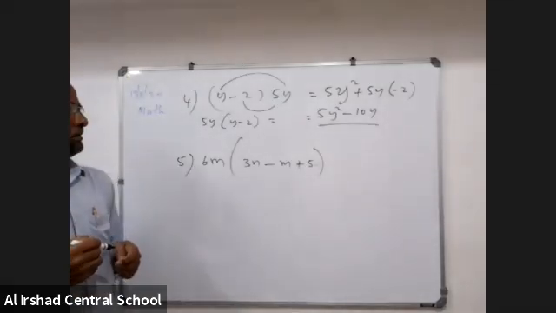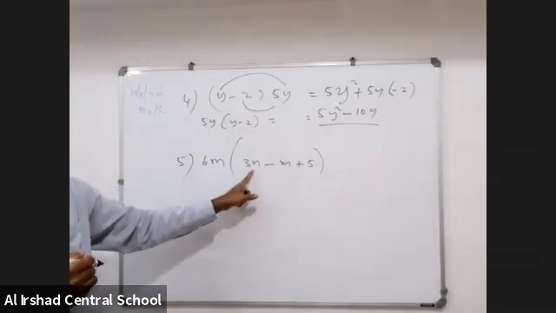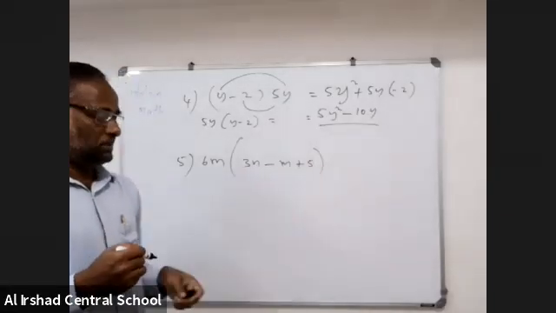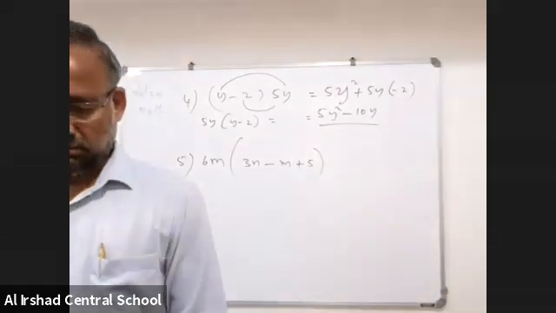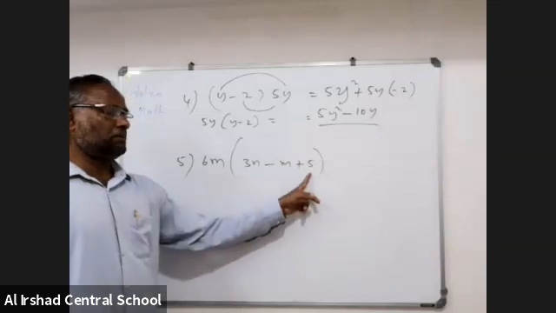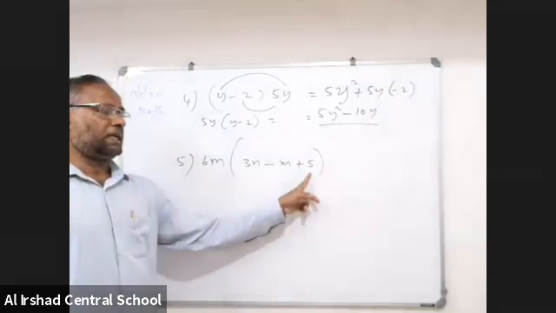Try to open the bracket. Monomial and a trinomial. This is one. First term, how many terms are inside the bracket? 3 terms are there. Tell me which is the second term. Second term is here. Which is the second term here?